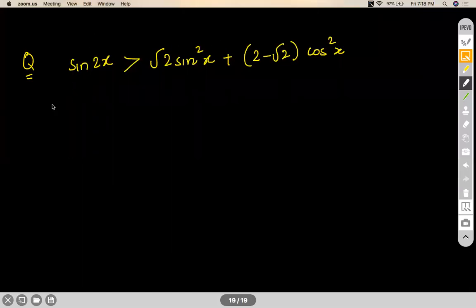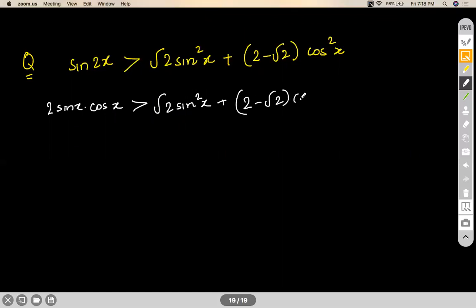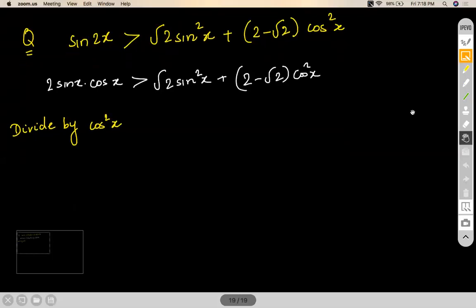Done, anybody? Okay, let me just take this up. You can write this sine of 2x as 2 sine x cos x greater than under root 2 sine square x plus 2 minus root 2 cos square x. Okay. Now divide throughout by cos square x.